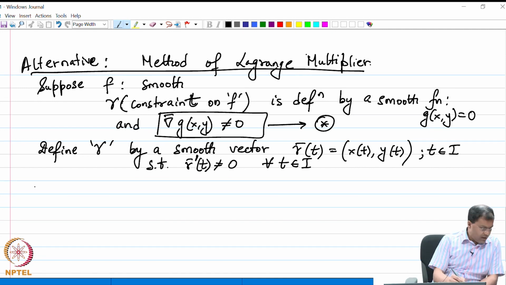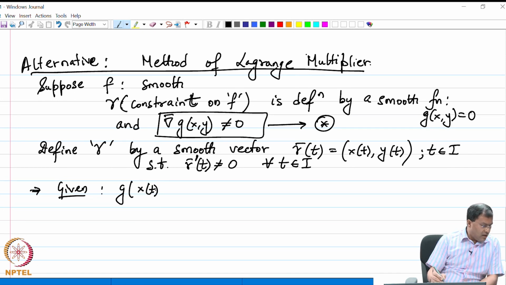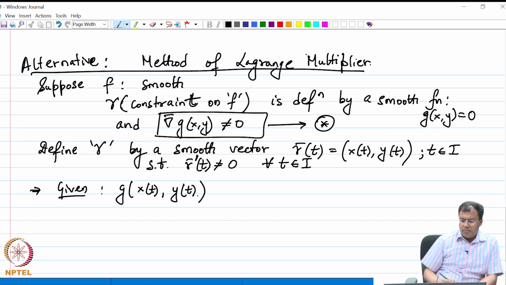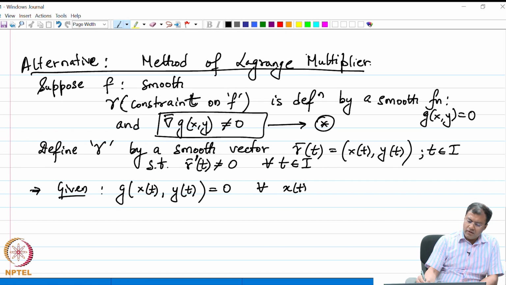So, since it is given that g is the constraint, I am representing the constraint with respect to the parameter t. It is given that this constraint is 0 for all x of t comma y of t in gamma, right.